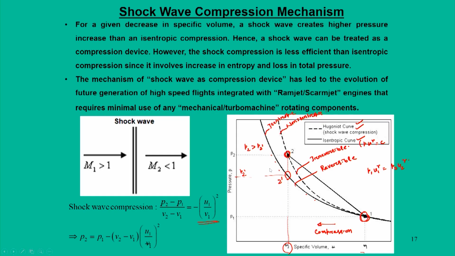Another important point we can see is that in the beginning part of these compressions, the Hugoniot curve and the isentropic curve have very little deviation. That means in the initial stage of the compression process both values are the same, but when you go for higher pressure ratio or higher Mach number, there is a large deviation.